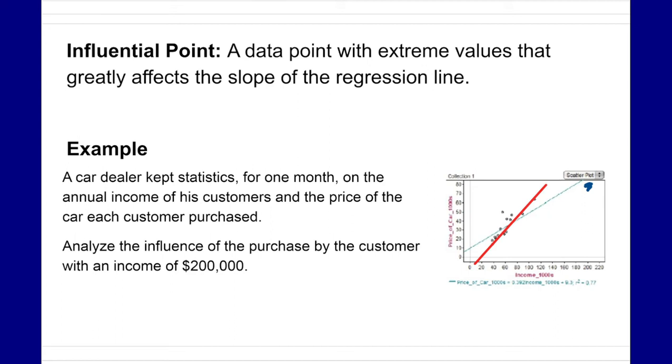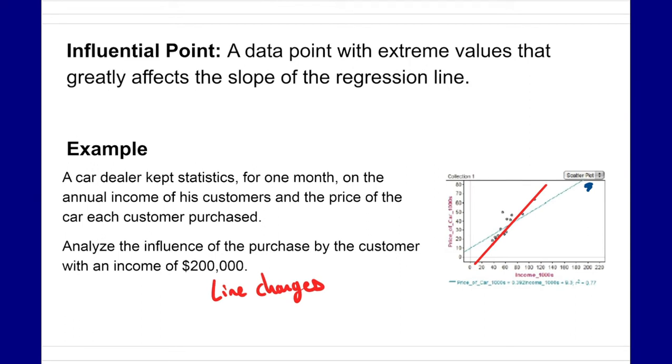So those influential points, if they are extreme values or they don't quite fit our data or our trend, it can affect our regression or the slope of our line. So in this case, the line changes.